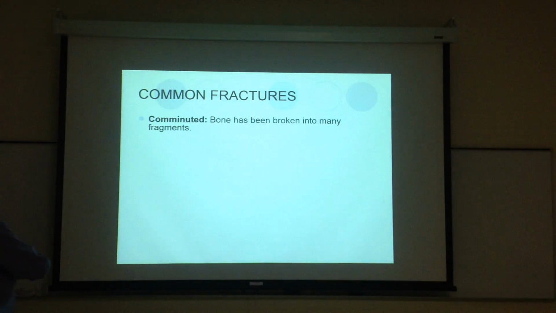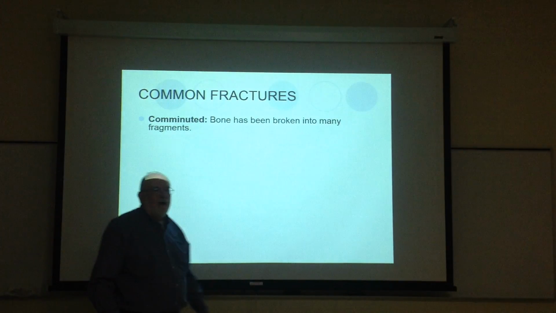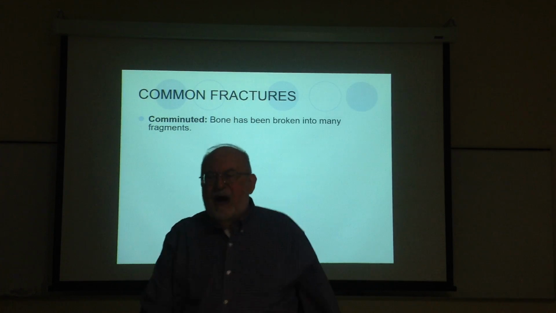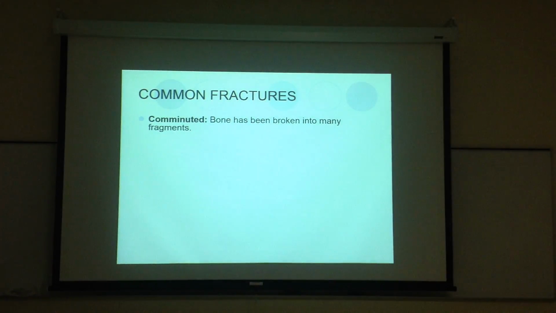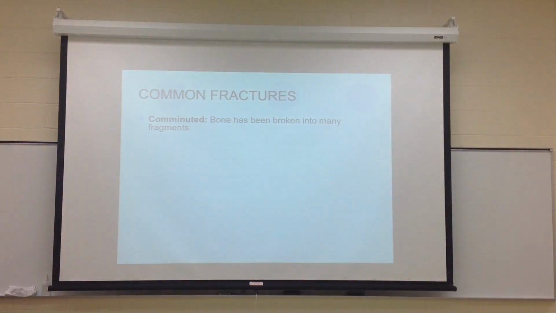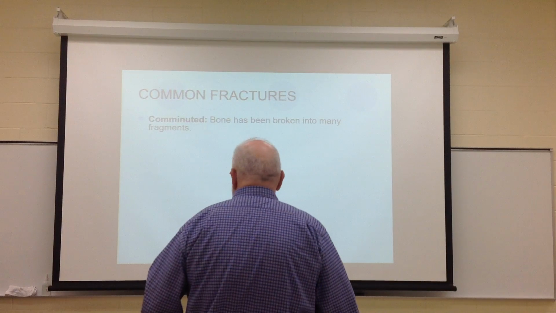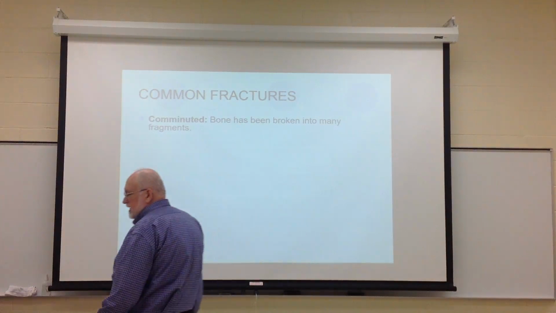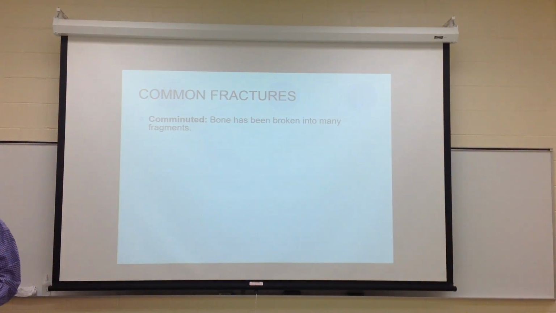All right, now let's talk about fractures. First one on the list is what we call a comminuted fracture. Well, what's that? The bone is broken into lots of little fragments. It's pretty much shattered. And what are you going to have to do to fix something like this?